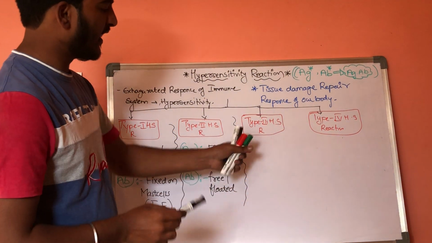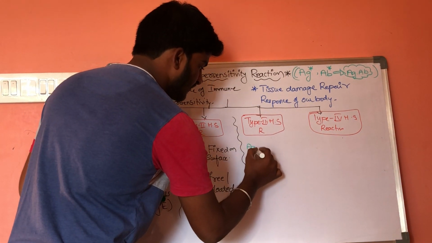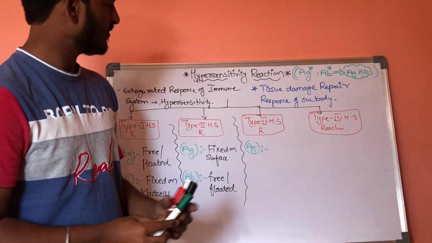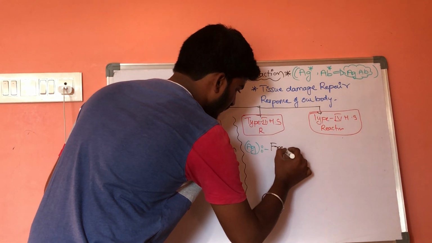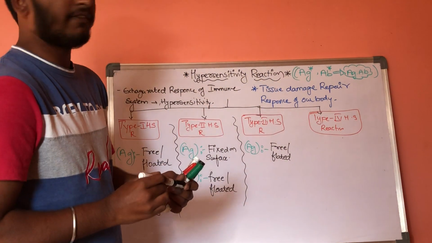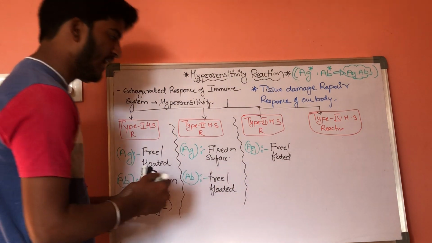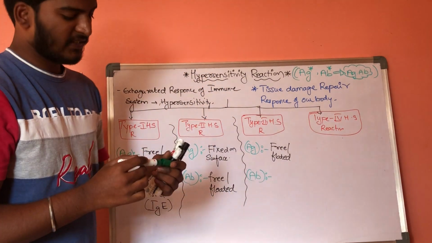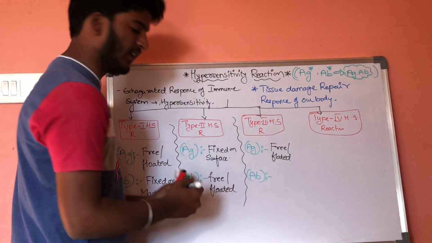Now coming to type 3 hypersensitivity reactions and the character of the antigen. The antigens involved in type 3 hypersensitivity reactions are free and floating. Now, the antibodies involved in type 3 hypersensitivity reactions are also free and floating.